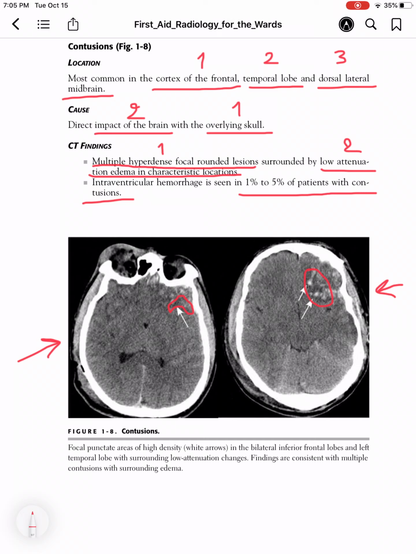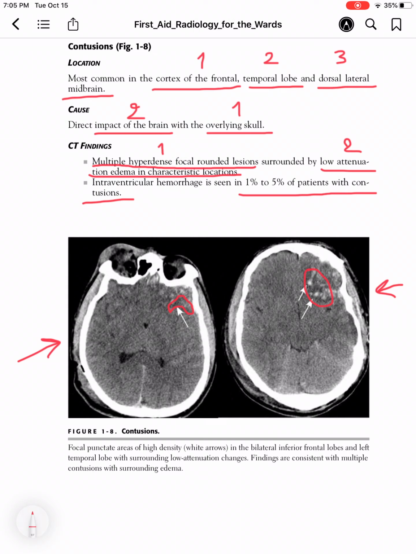This black area shows us that we have low attenuation edema. This is black if you compare it to the rest of the brain tissue. Now, in this picture it's not really visible clearly, but if you Google it, you'll find some really good pictures, and in the future I'm going to show that to you on my YouTube channel.